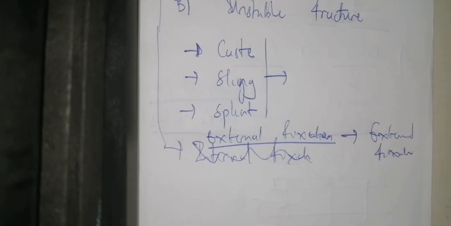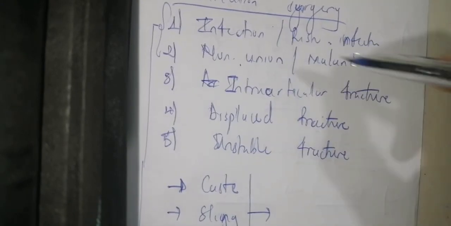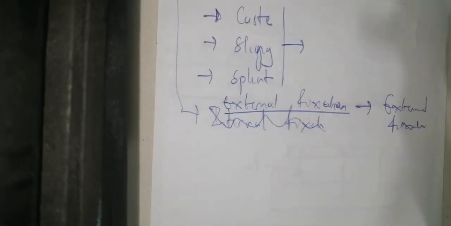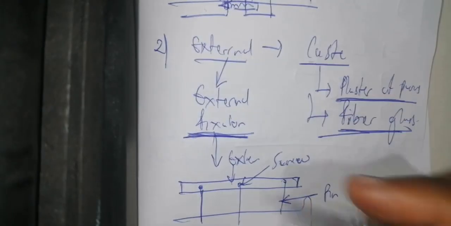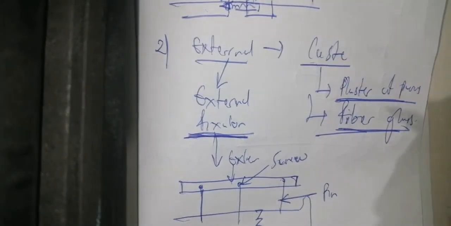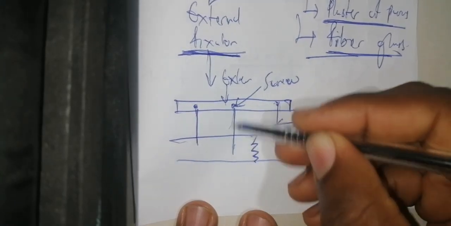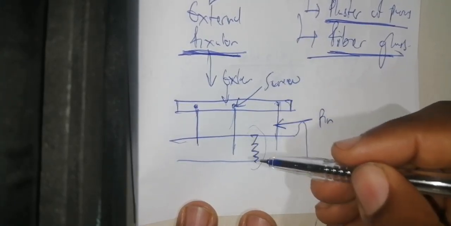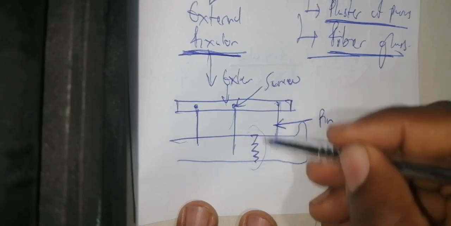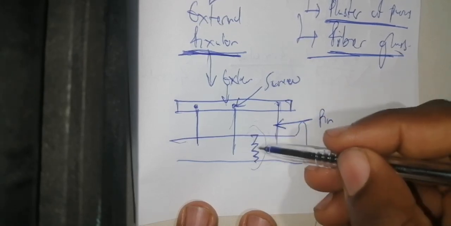So external fixation is mostly indicated for cases of infection or risk of infection and non-union or malunion. Why? Because, like in this case that I've explained here, let's say that the fracture site is located here. When you place an external fixator, the pins are away from the fracture site, so they are not going to conceal the infection at the level of the bone.